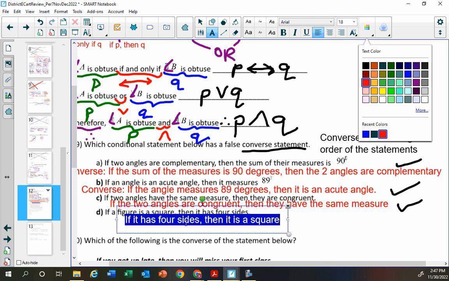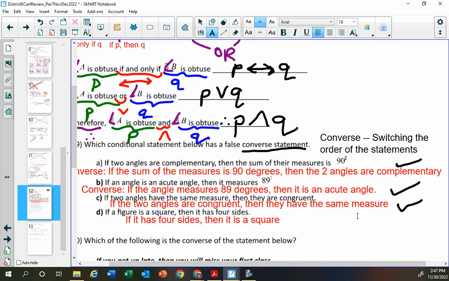What about a rectangle? Rectangles have four sides. So that may not be true.